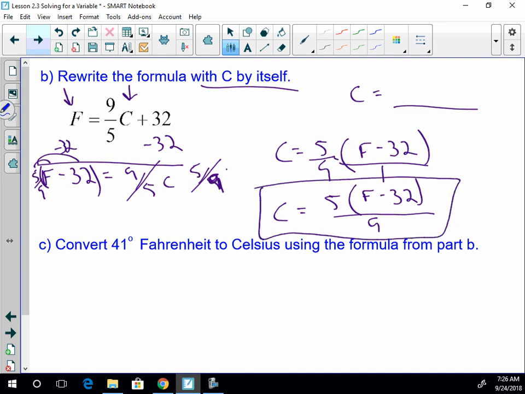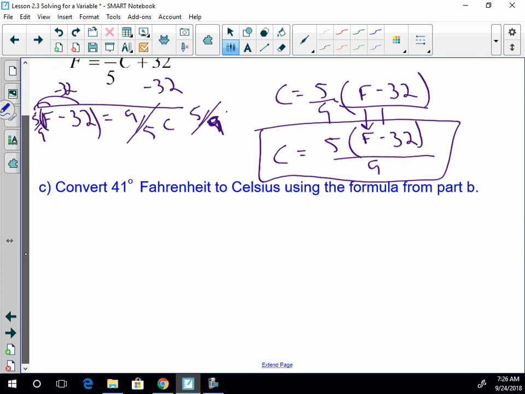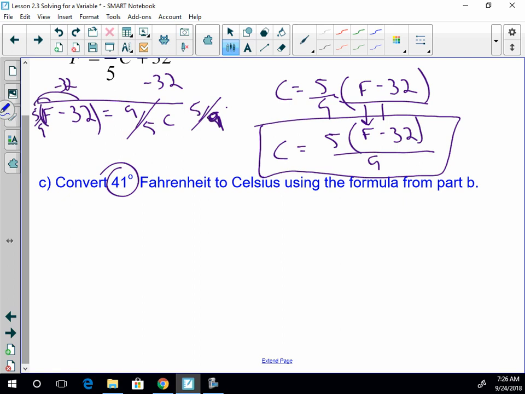So really now, if I asked you the question from before, all you'd have to do is plug in F in the equation, subtract 32, multiply by 5, divide by 9. And now if we do that for this value of 41, it's a little bit simpler. So C is equal to 5, and then if I substitute that 41 in, 41 minus 32 over 9.